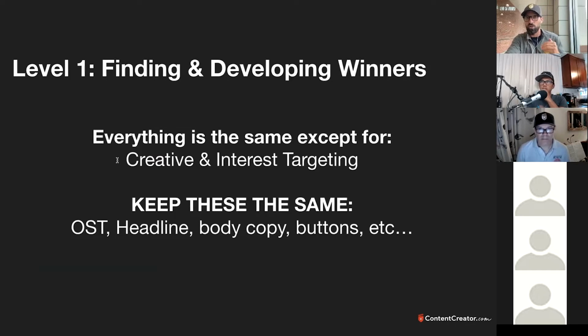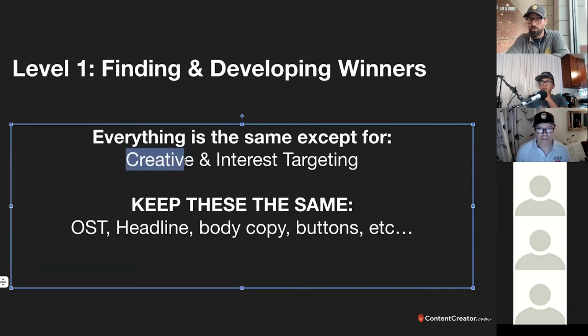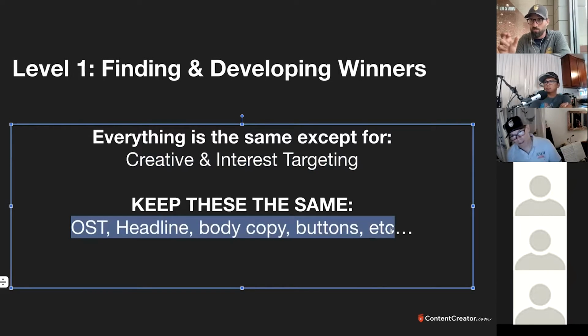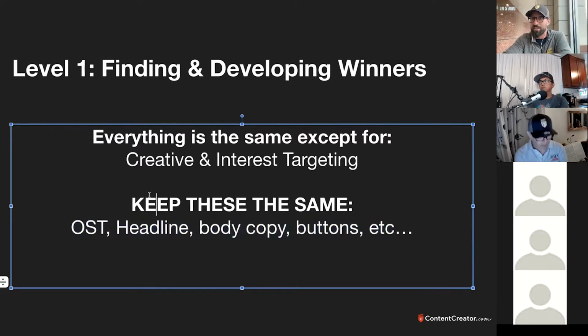The main things that we're going to change in them are just the creative and interest targeting. Okay, so on-screen text, headline, body copy. Even if it's learn more, we don't want to say find out more in one and then learn more in the other. Shop now in one, learn more in the other. We want all of those to be the exact same, just the video and the interest targeting to be different.